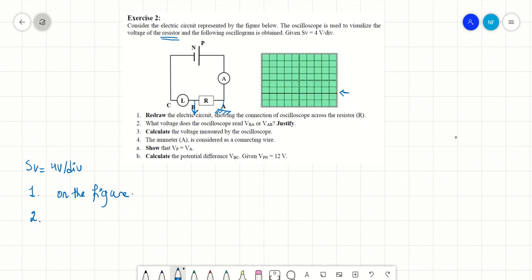We are asked to make a justification. So since the oscilloscope reads from B to A, meaning from phase to ground, or since B is connected to the phase and A is connected to the ground of the oscilloscope.